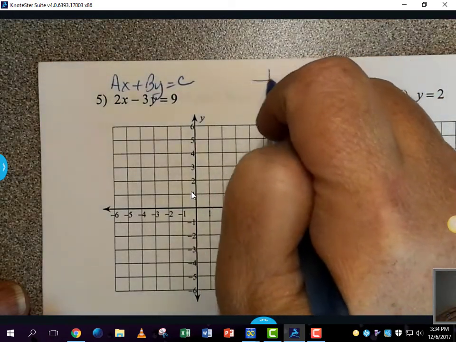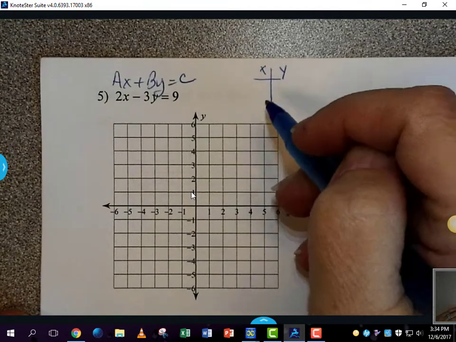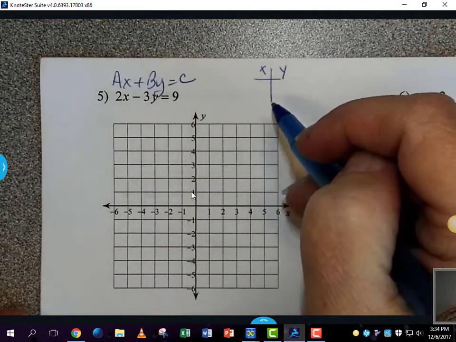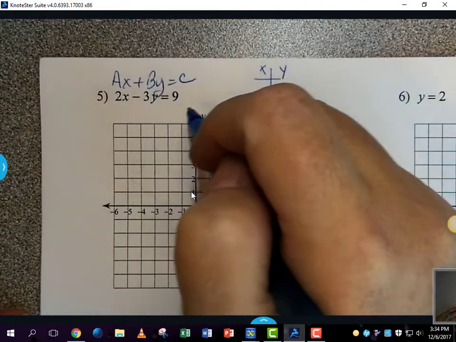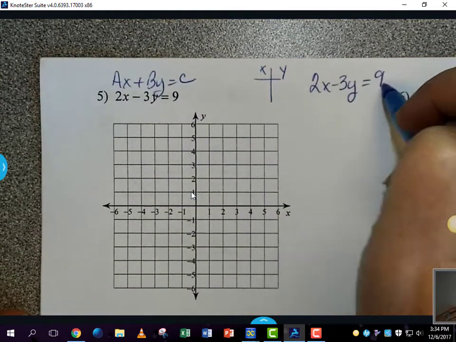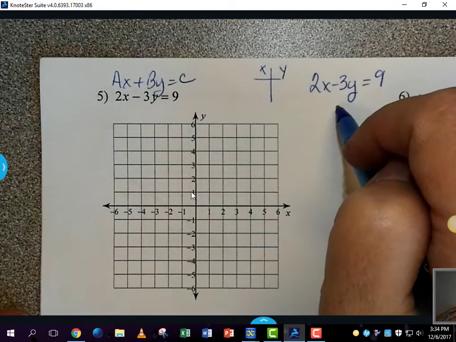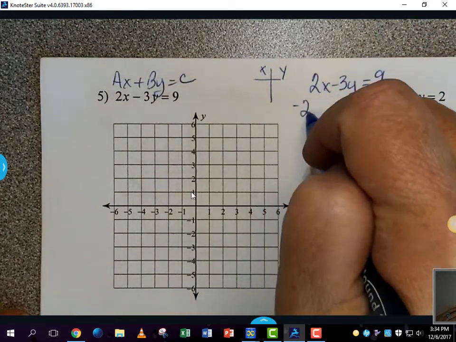One, of course, you can make a table. All right, so you can make a table and make your coordinate pairs and plot that way. Or I can start with 2x minus 3y equals 9, and I can solve for y, thereby turning this into slope-intercept form. So I would subtract 2x.